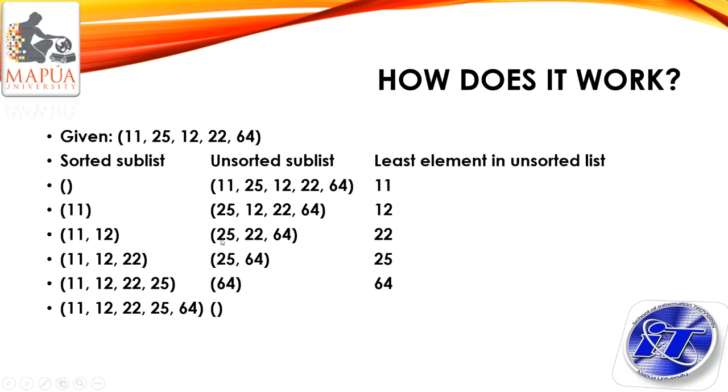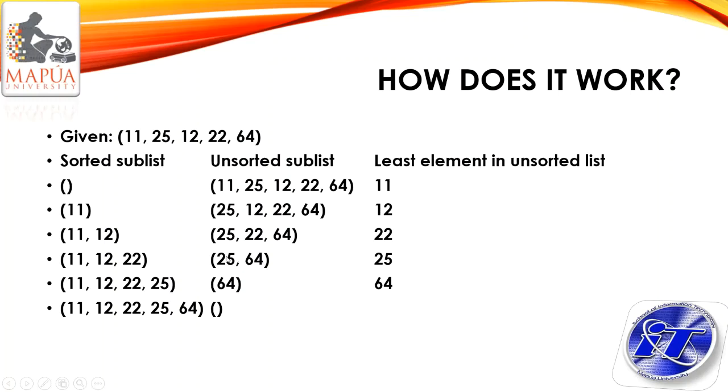Compare the first element to the second element. 22 is the smallest, so 22 will be compared to the third element, and we know that 22 is the smallest. Therefore, the third element in the sorted sublist will be 22. Now we have two values in the unsorted sublist, which are 25 and 64.